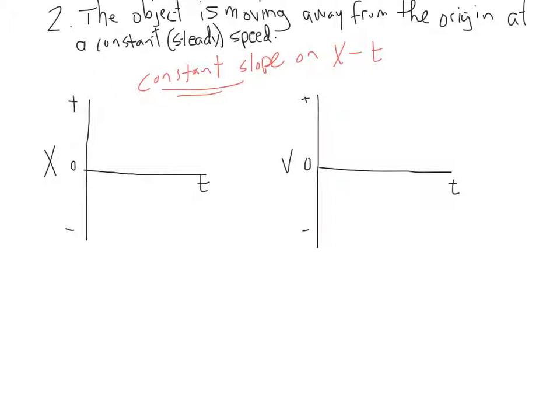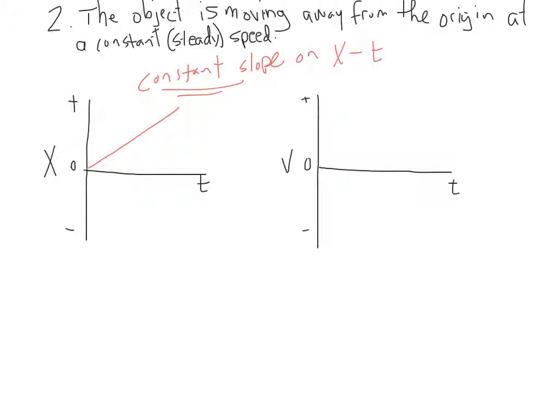But in this case, it says constant slope, or constant speed, moving away from the origin. Well, there may be more than one graph that follows that. That's moving away from the origin. As this line continues to go up, the positions are getting further and further away from the 0 position in the positive direction.